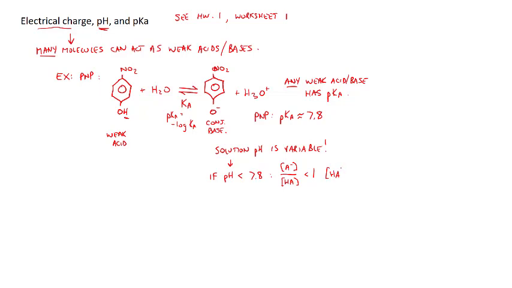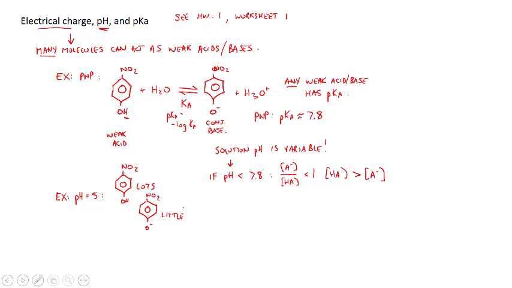Or in other words, we have more conjugate acid in solution than we have conjugate base in solution, right? So for example, if we were in solution at a pH of 5, that means that we would have a lot of the protonated weak acid form of PNP and very little of the deprotonated conjugate base form of PNP.